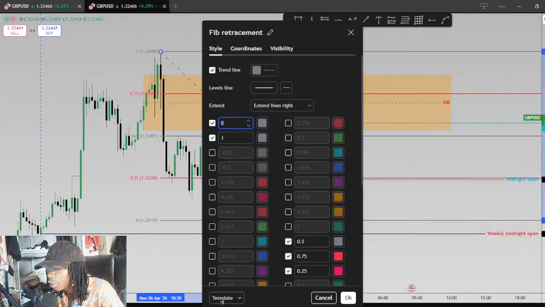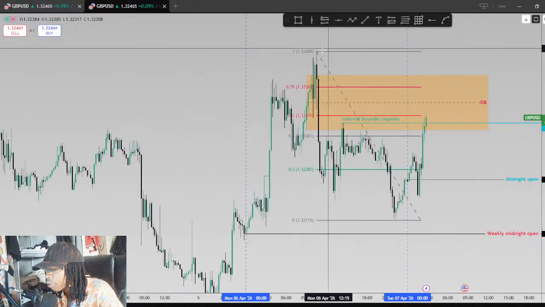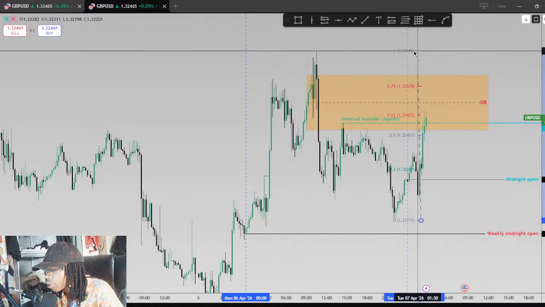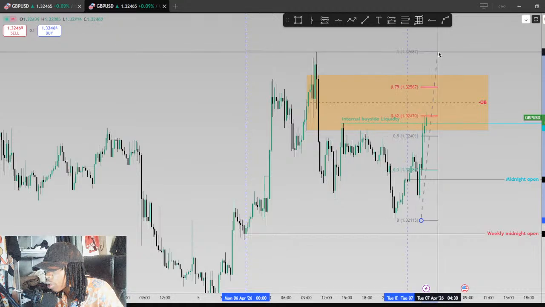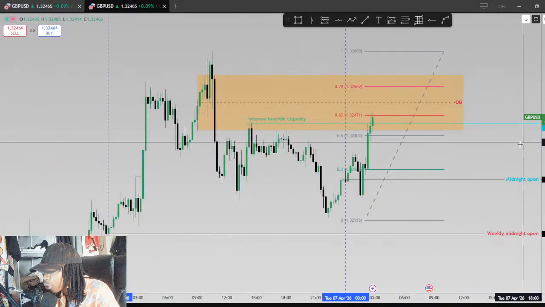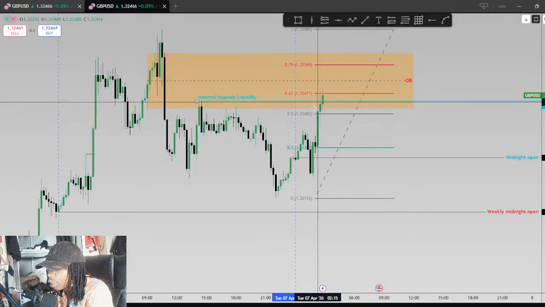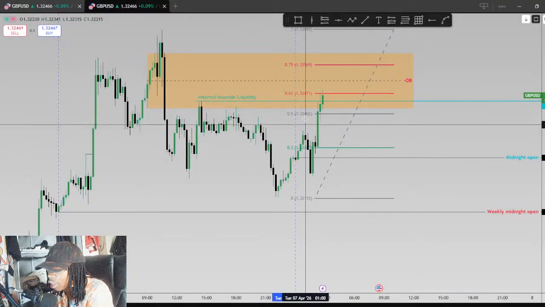My mouse is kind of stressing me out because I don't have the mouse pad on here. So put some OTE levels. I think that will be better there. So we are on that 62% retracement on the range, right about there.